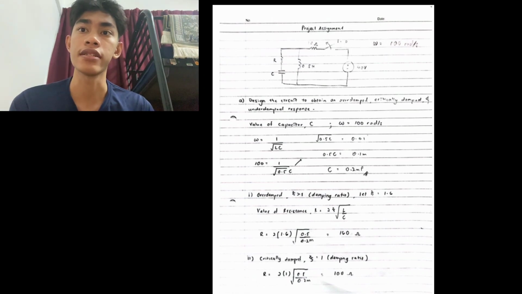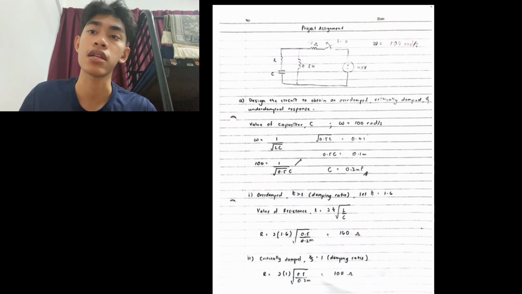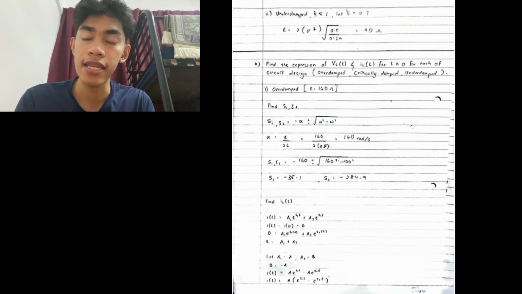For the critically damped it is 100 ohm. And finally, the resistor for the underdamped response is 70 ohm.